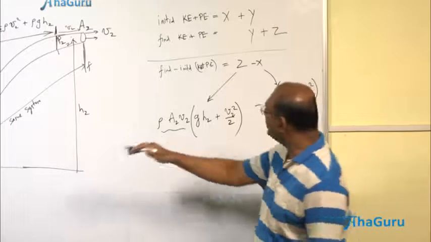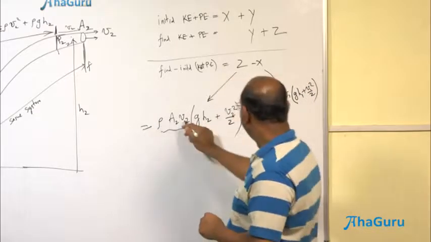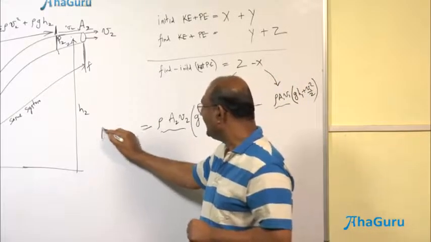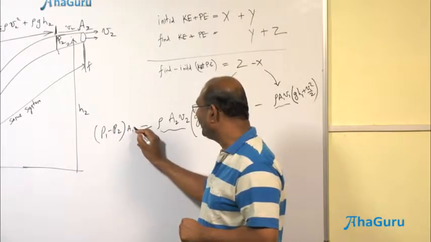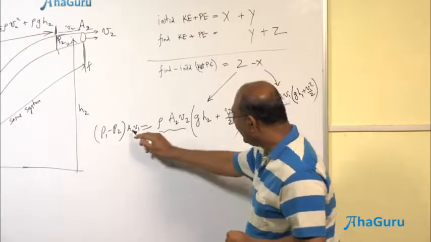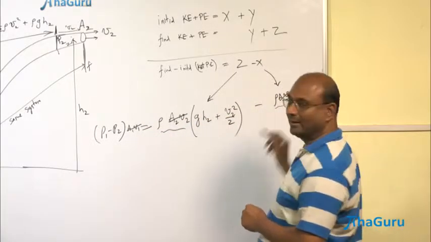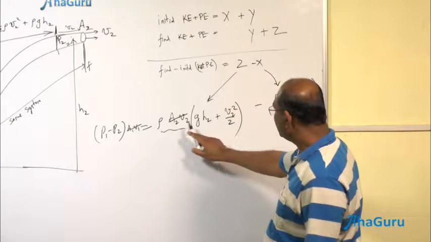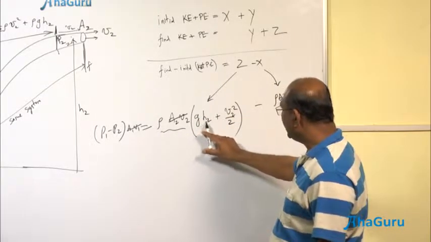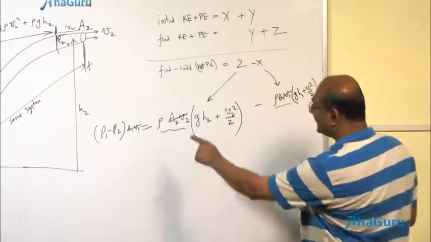Correct? Because the work done is equal to the change in the total energy. So if I equate this minus this to P1 minus P2 into A1 V1, remember A1 V1 is equal to A2 V2 is equal to A1 V1. So if I look at this and combine, this fellow has rho GH2, rho V2 square by 2, and then there is a P2.